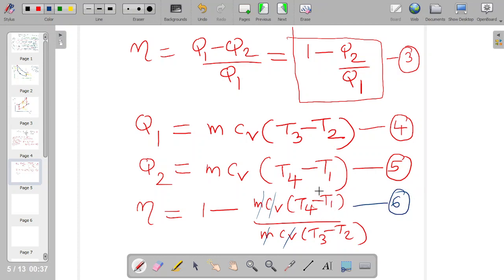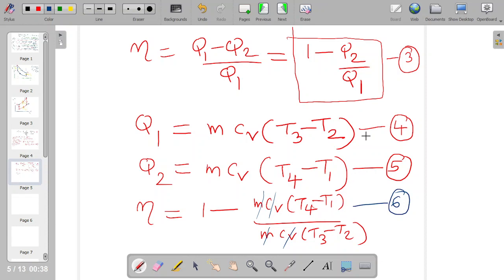Our next step will be to convert this temperature in terms of volume ratio. Then only it will be useful. Otherwise, we may not be able to measure the temperature of the engine at every point. It will be very difficult because it is high speed machinery.